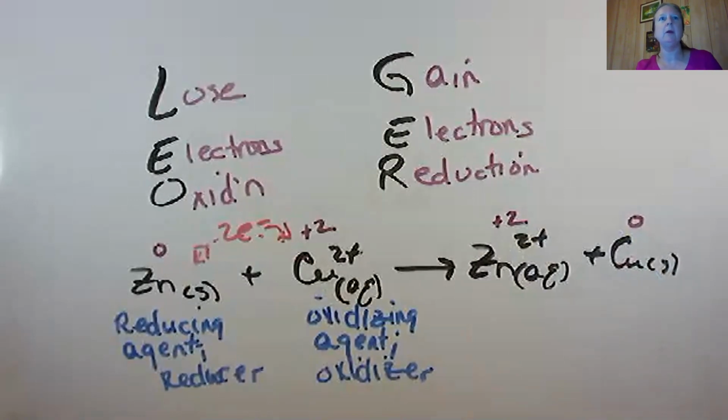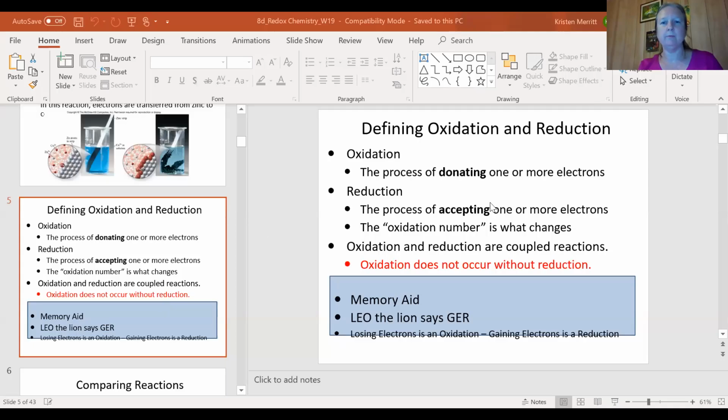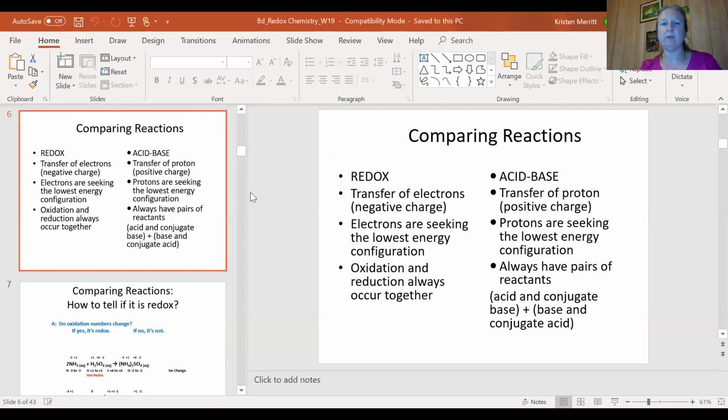So how do we assign oxidation numbers? And like everything else, we have rules. And remember here, oxidation does not occur without reduction. You have got to have one giving, one taking, just like acid base. And as I said, just like acid base, here are some comparisons. For a redox reaction, we have a transfer of electrons, which is a transfer of a negative charge.